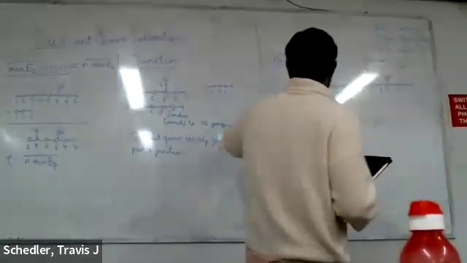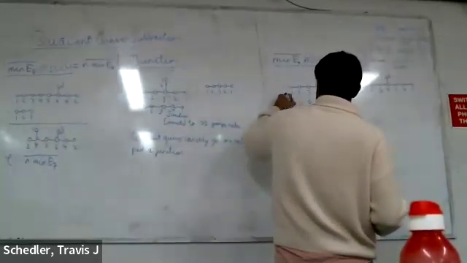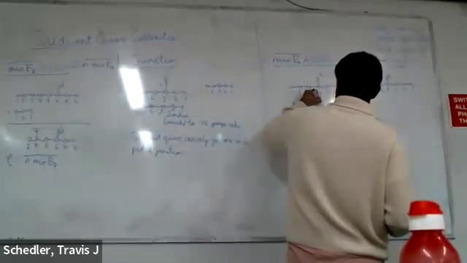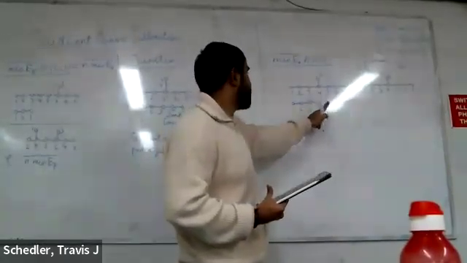I'll take my 1, 2, 3, 2, 1. So 1, 2, 3, 2. And now because I've only got 1 node past the junction, I have a choice.